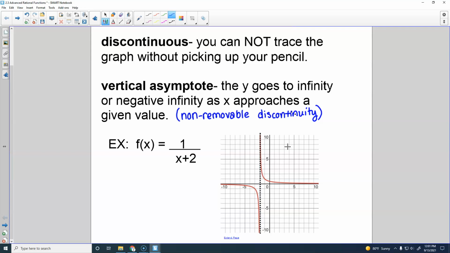A discontinuity is removable if you can fix it by putting just one point there. Obviously, if we just try to put one point here, there's nowhere that you can fix the problem where you got to pick up your pencil as you trace it. You're going to have to pick up your pencil to trace it. So that's why it's called non-removable.